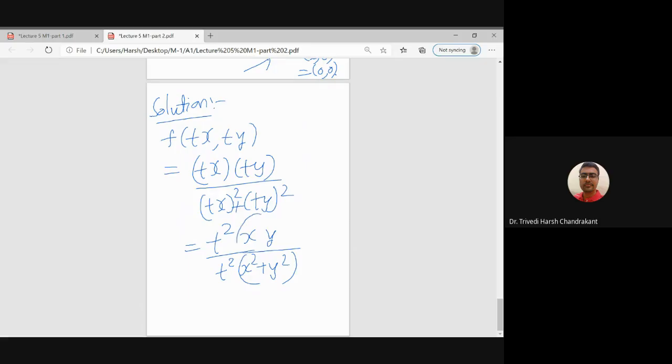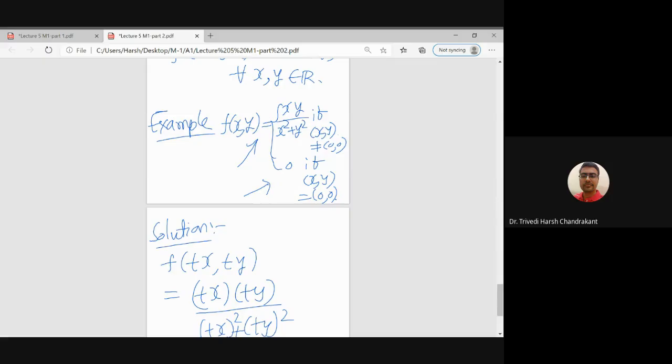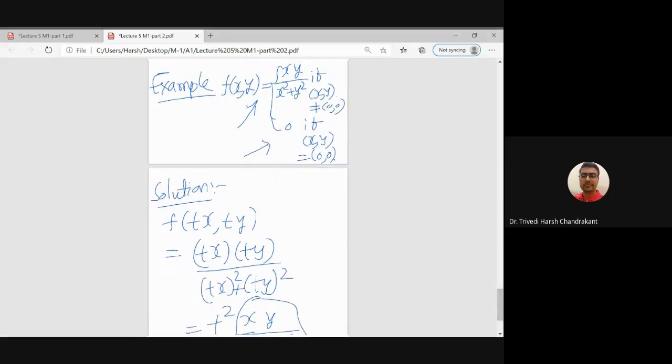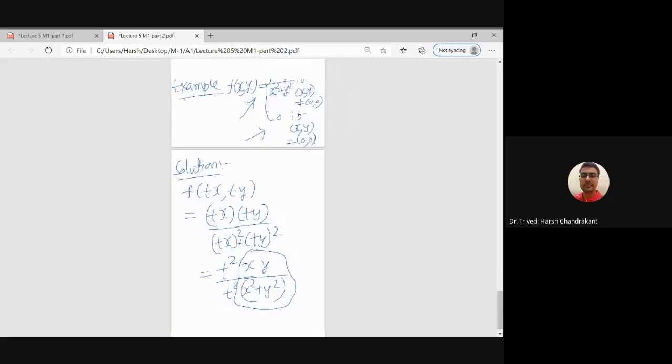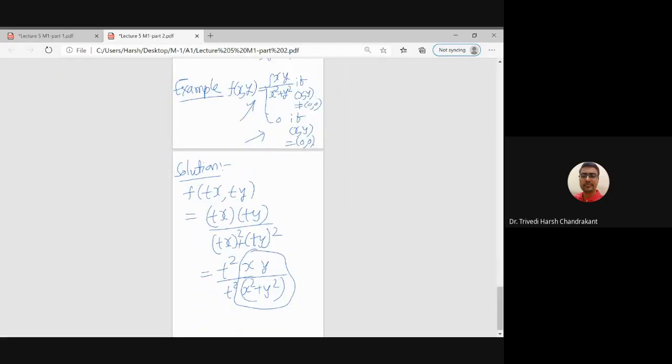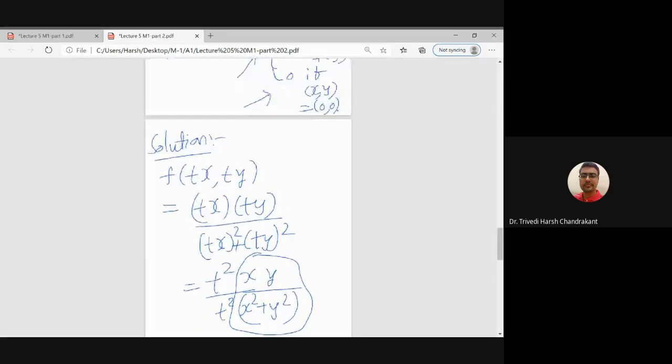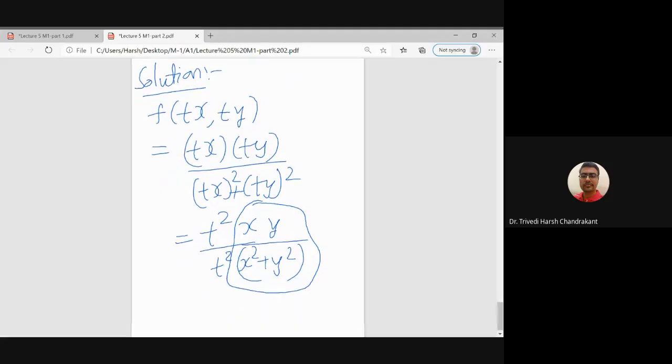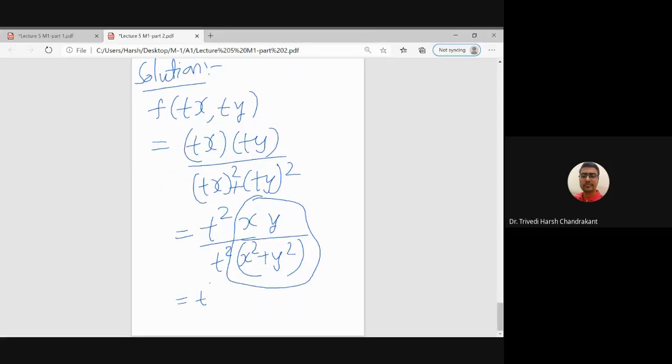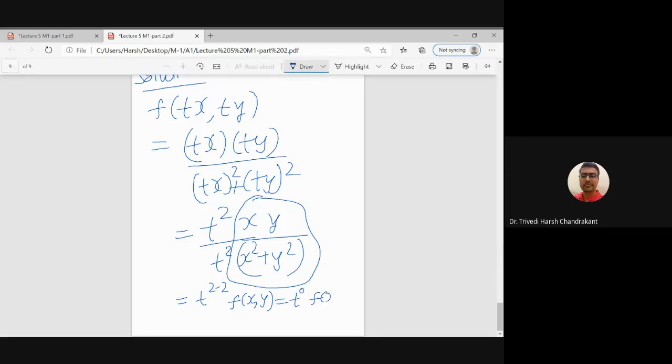Now we can see this is our original function, xy divided by x square plus y square, exactly the given function. So what we essentially get is t power 2 minus 2 times f of xy, basically t power 0 f of xy. So this is a homogeneous function of degree 0.